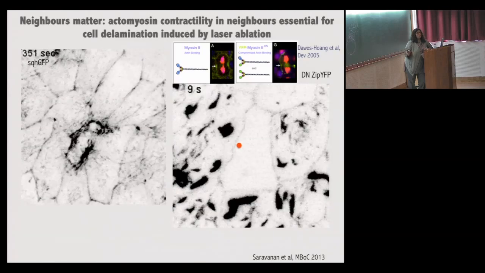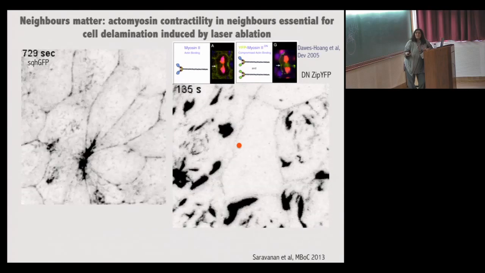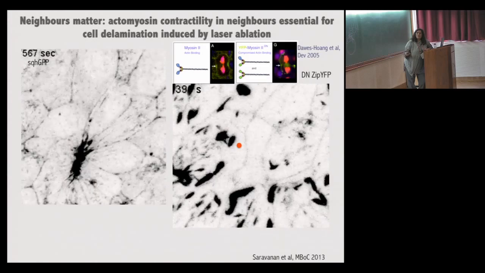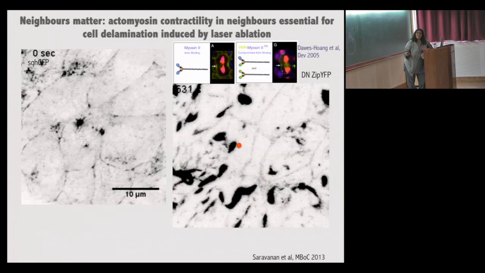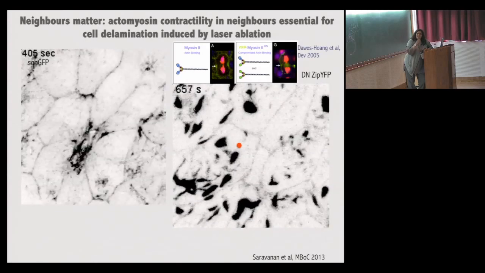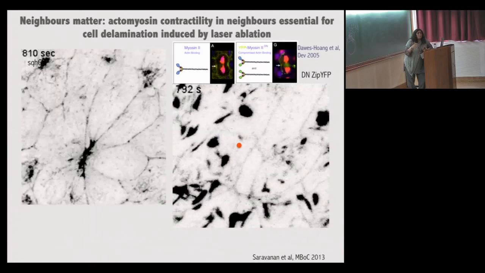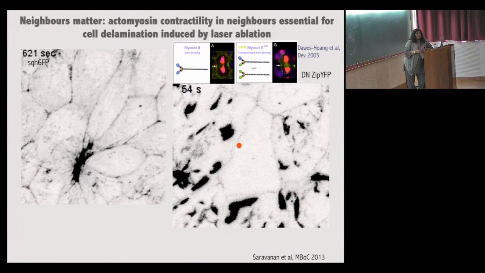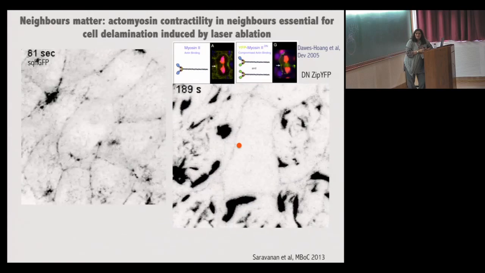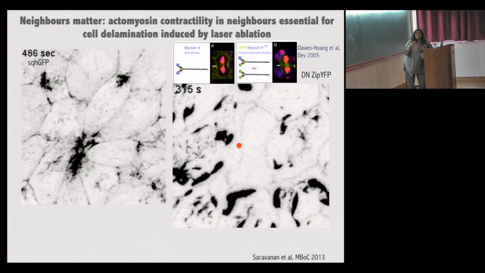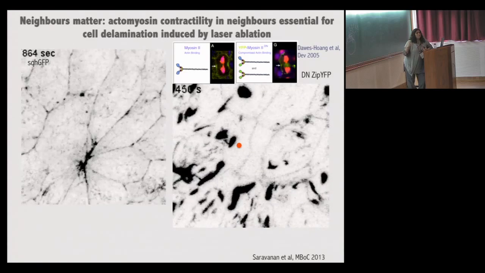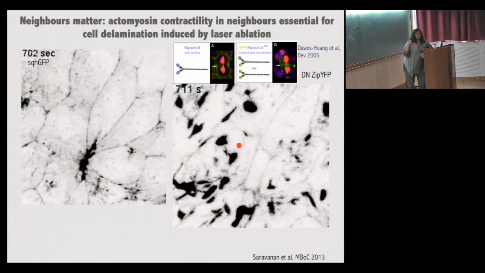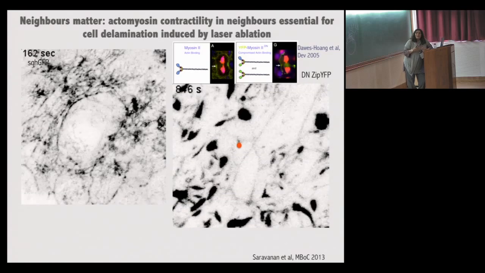So it does not extrude from the sheet. What this allows us to think about is that even events that involve rapid constriction and exit from the sheet are dependent on forces generated in the neighbors to facilitate them leaving the sheet.